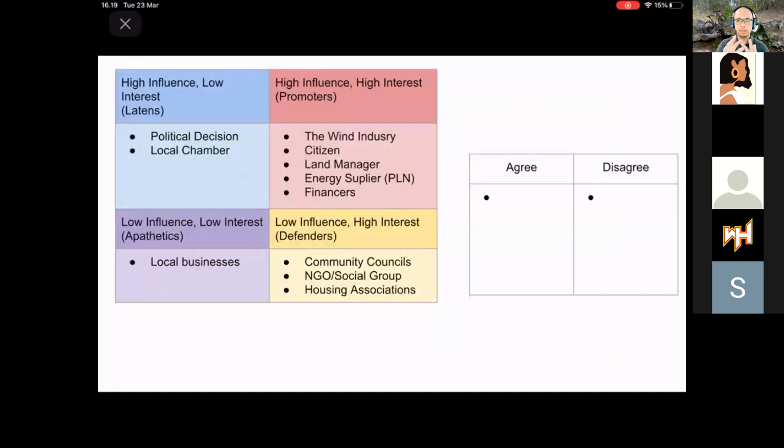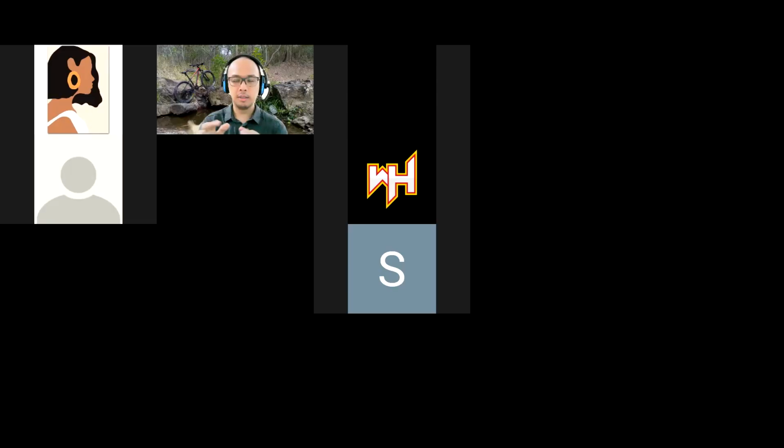In the exercise brief, there were 11 stakeholders that you could add to or subtract from. I was just wondering whether you did any of that, or did you leave it as just the 11 stakeholders as is? Yeah, we took all the stakeholders and we put them in a group based on the mapping that you gave us. Okay, that's fine. Well, thank you very much.